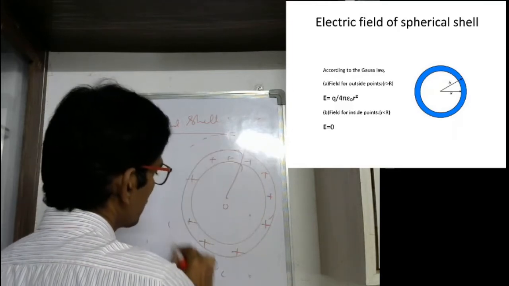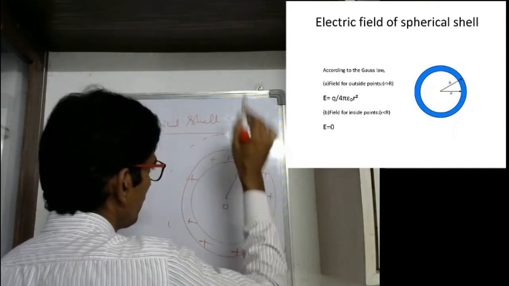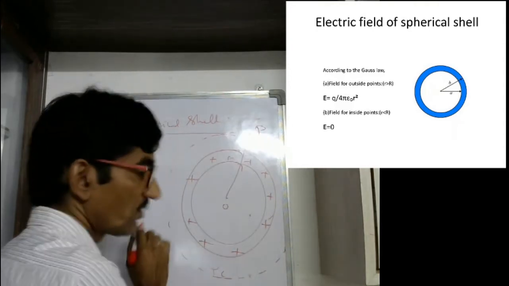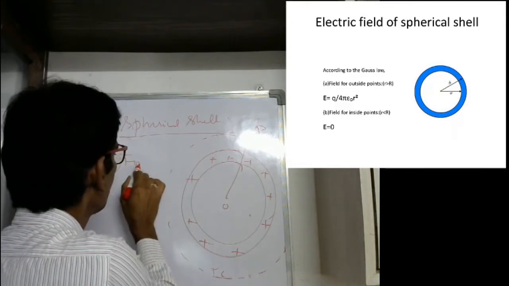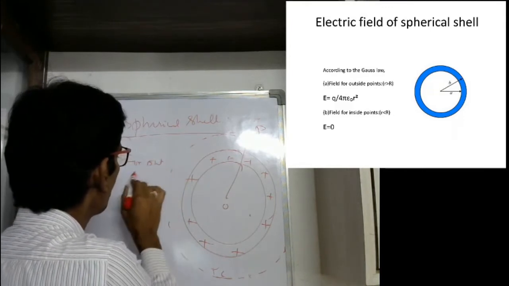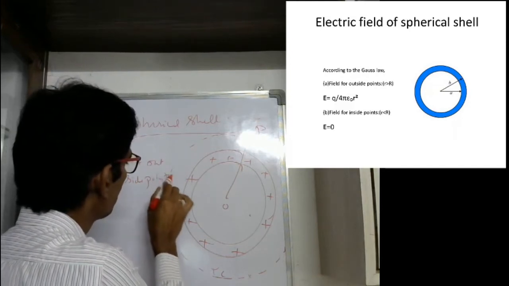You are choosing some point outside of this, say this is your point P. What is the electric field here for outside points?